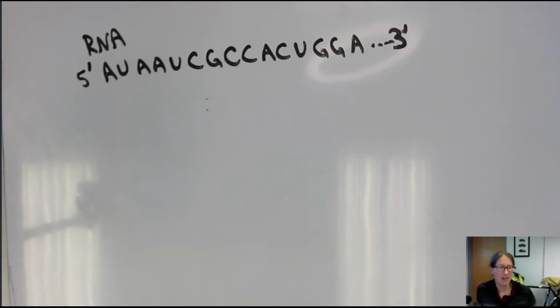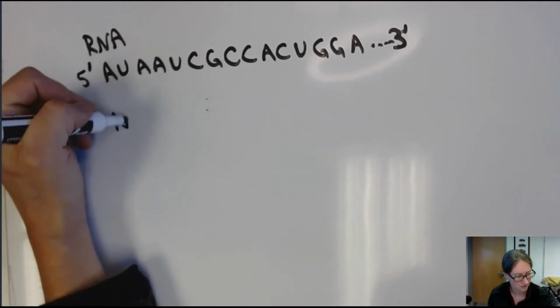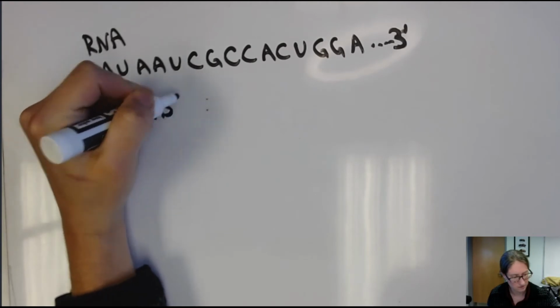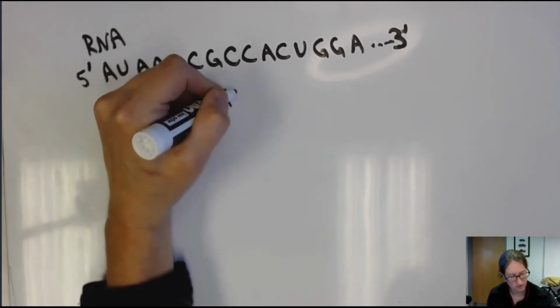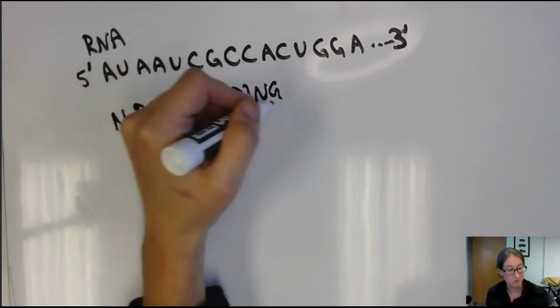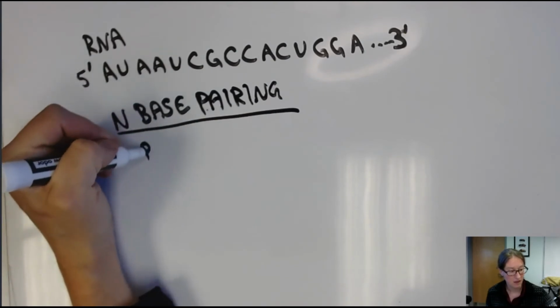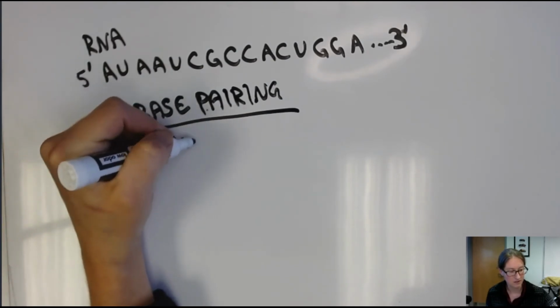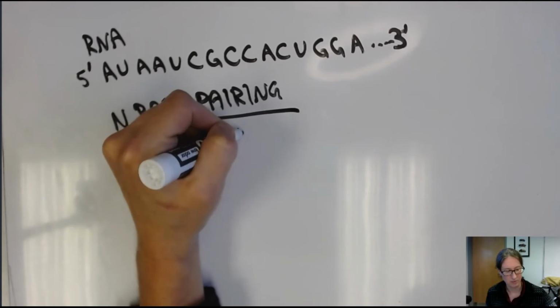And for DNA, there's one additional component to the organization, and that is that the nitrogenous bases can pair up with each other, and they pair up in a very specific manner. And specifically, purines pair with pyrimidines.